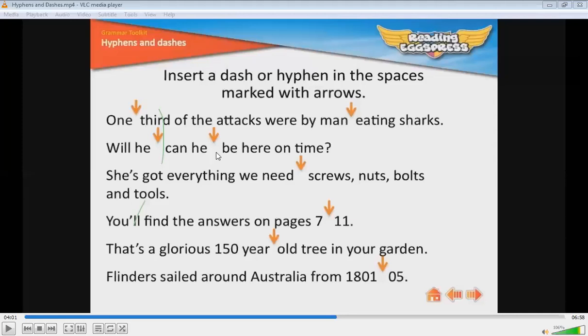And the second one? I'm not sure about the second one. Both should be the same. You get the idea? Because here, I can say, "Will he be here?" If I ignore that part, it can be one sentence: "Will he be here on time?" So what's before and after should be the same. You get my point? Okay.